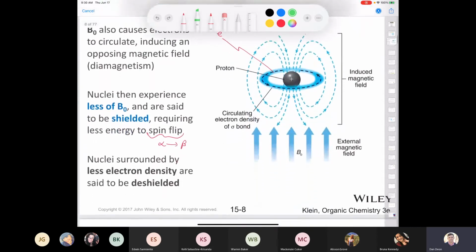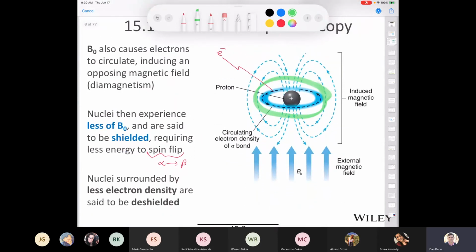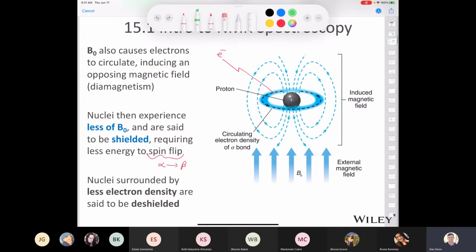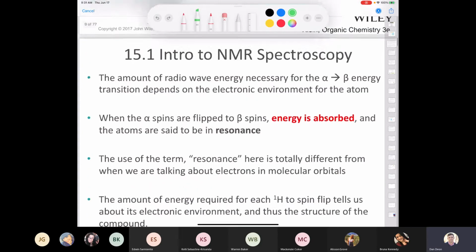That is going to be dictated by the amount of electron density that's surrounding it, right? If it's surrounded by a lot of electron density, it's going to be shielded, okay? Then it's going to require less energy to spin flip. If it's surrounded by less electron density, it's going to be de-shielded.